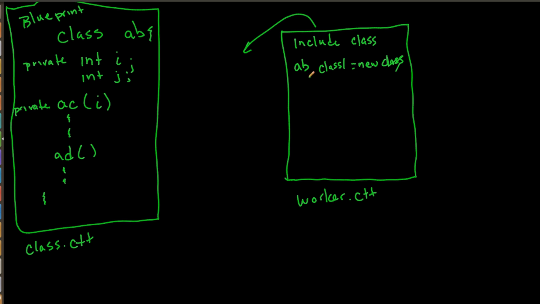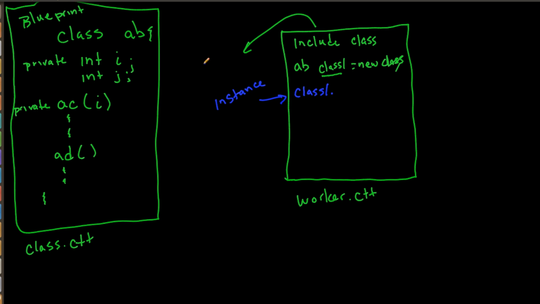Then the first thing to note is I want to set J equal to something. So class1 is the name of our instance, and we're going to say class1, dot, and this also depends on the programming language, but most programming languages use a dot between the instance name and the member.